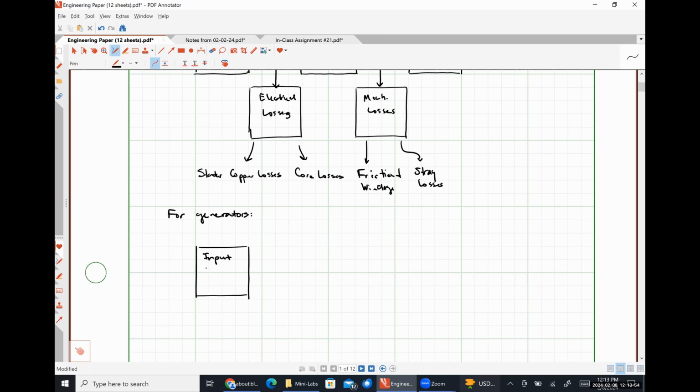We have our input mechanical power. Here in the middle, we have our developed power. So that's the power that crosses the air gap, effectively converting our, in this case, mechanical energy into electrical energy. And then over here on the output side, we have our output electrical power.